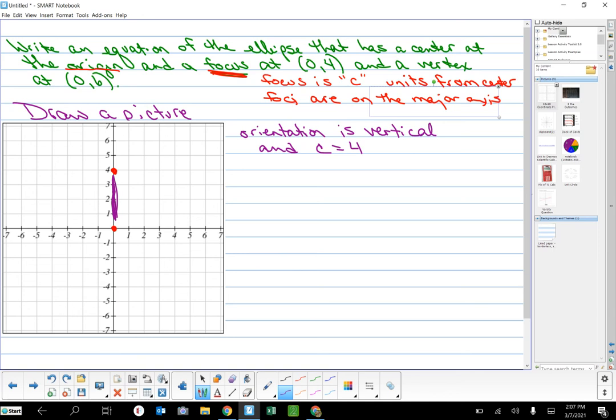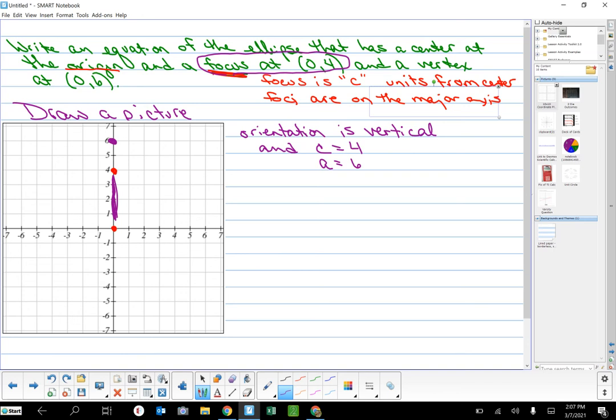We know that because it's 4 units away from the center. Okay, so this piece of information tells us a ton. It tells us about the orientation, and it tells us about c. We also know we have a vertex at 0, 6. Well, remember, a vertex is a units away, so we also know that a is 6.